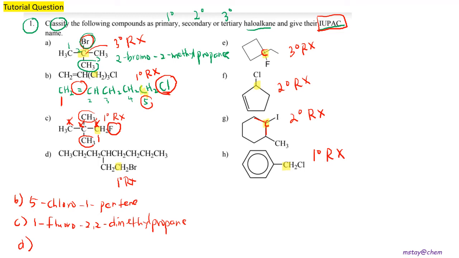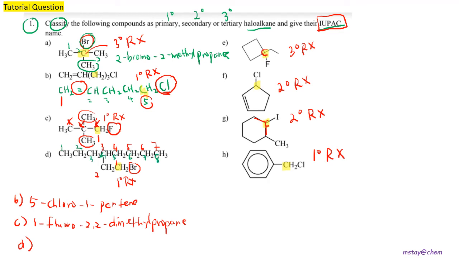Okay, structure D. Because again it only has one bromine, maybe we try to make this one the first carbon. So carbon 1, carbon 2, carbon 3, 4, 5, 6, and 7. However, if we do the numbering the other way round, 1, 2, 3, 4, 5, 6, 7, 8.